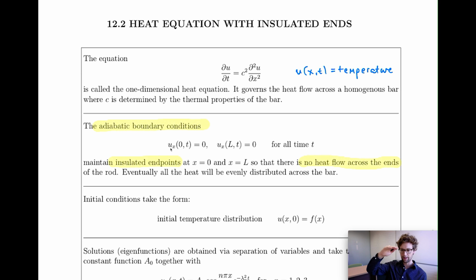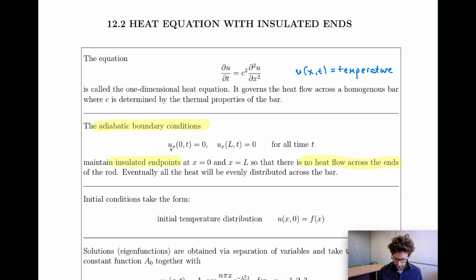Basically, we have to have a flat slope in our temperature at each end. What we'll see is that this changes our solution so that instead of all of the heat escaping out of the ends and we have 0 temperature everywhere, we're instead going to get the heat rearranged in the bar so we have a constant temperature at every point. We're also going to need to know some initial conditions, specifically the initial temperature distribution.